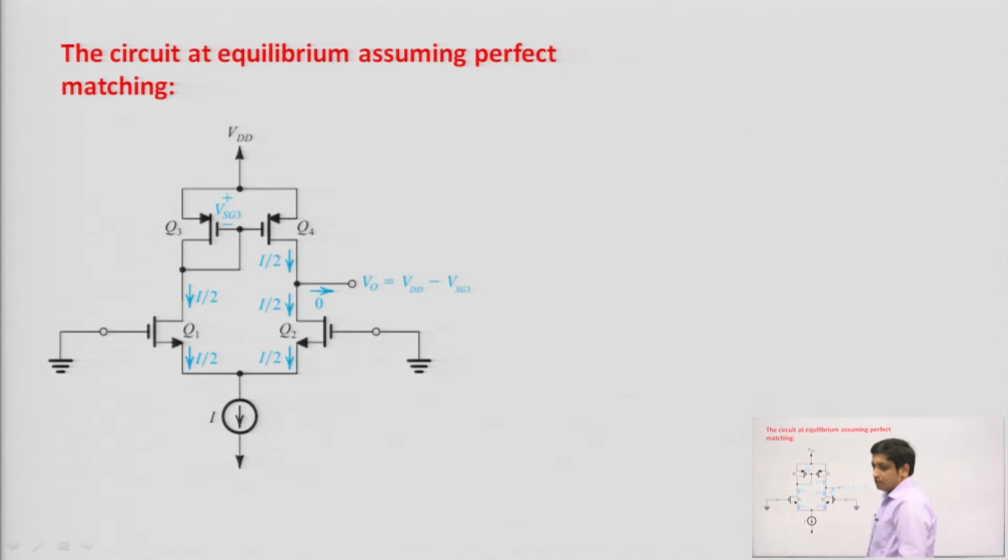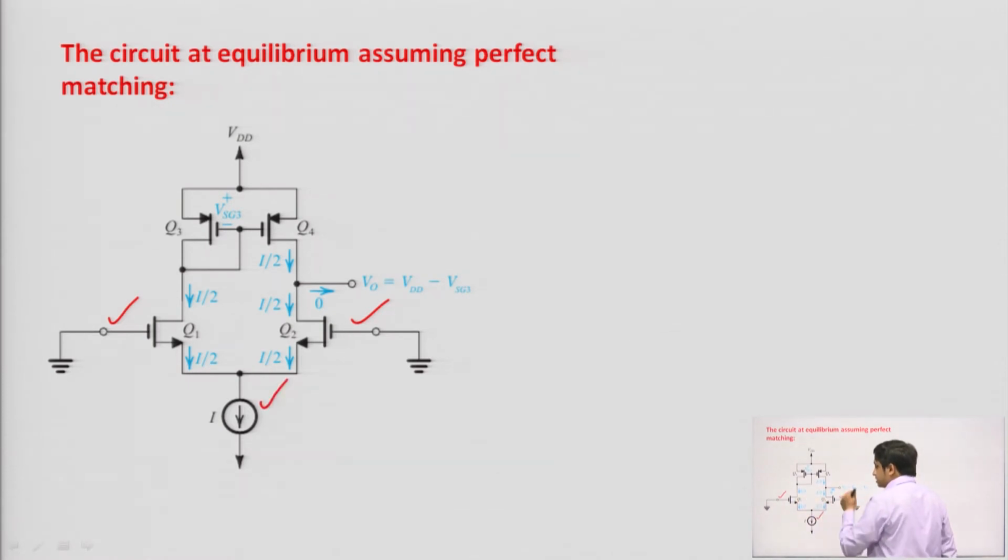Now, for the same circuit, let us understand it at the equilibrium condition, which means that the gates of Q1 and Q2 are grounded. Q1 and Q2 transistors are in the saturation region, so equal current will flow through Q1 and Q2 transistors.